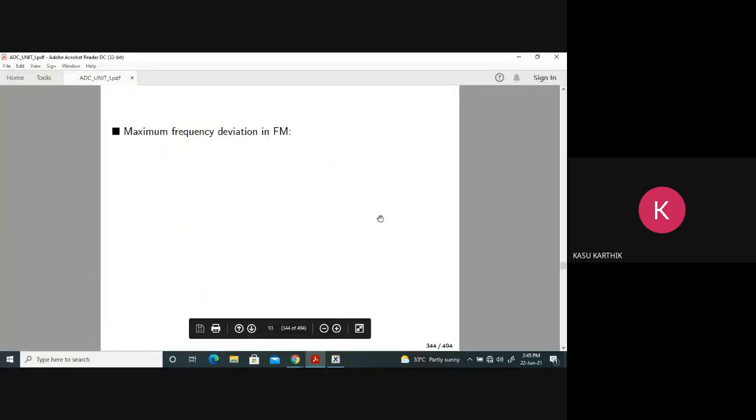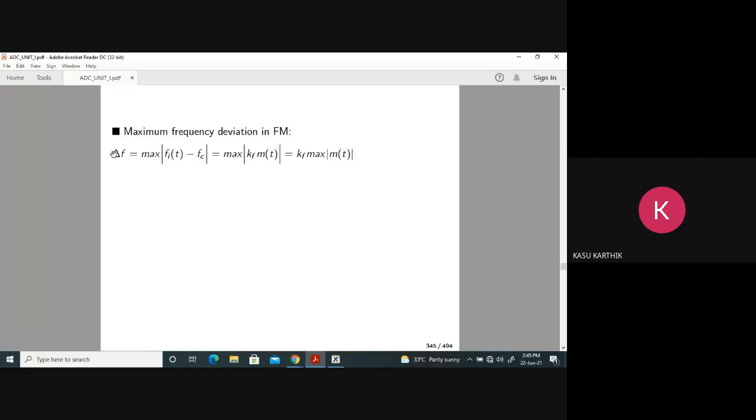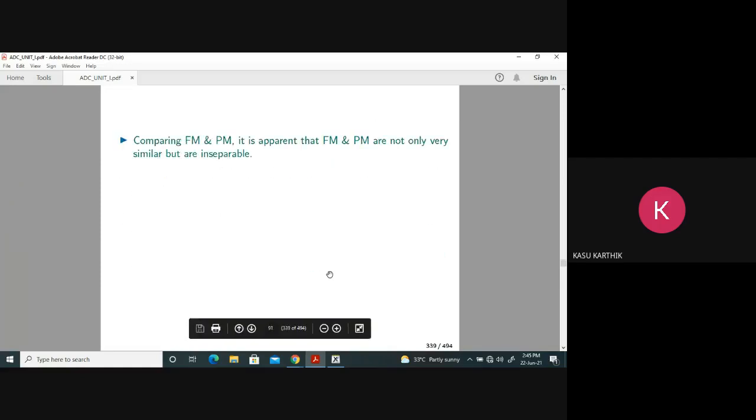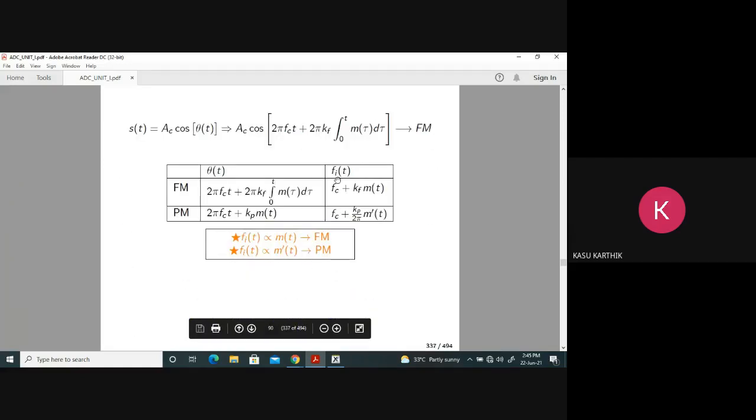Now, what is the maximum frequency deviation in FM? How do we find it out? It is called delta F. It is the maximum of Fi of t minus Fc. In FM, Fi of t equals Fc plus Kf m of t.